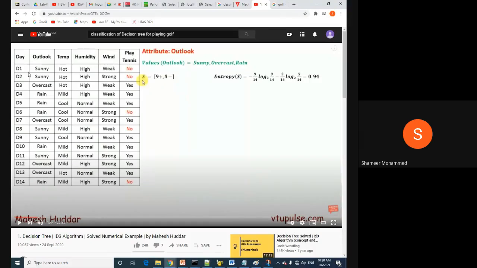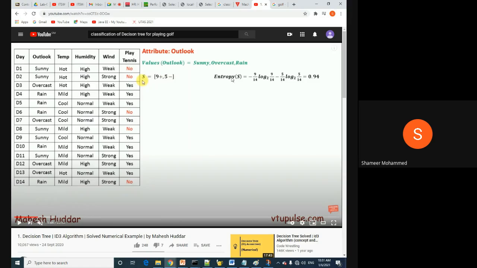From these 14, 9 values are positive, 5 negative. There are 9 yeses, and 1, 2, 3, 4, 5 no's. So 9 positive responses, 5 negative responses.